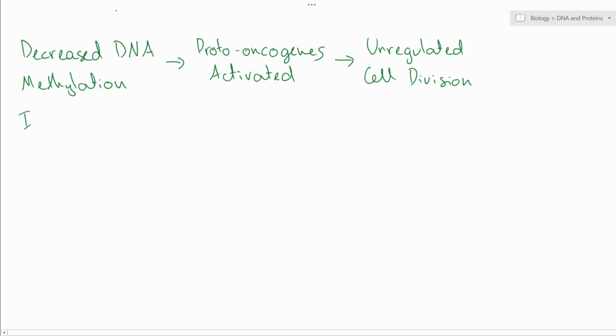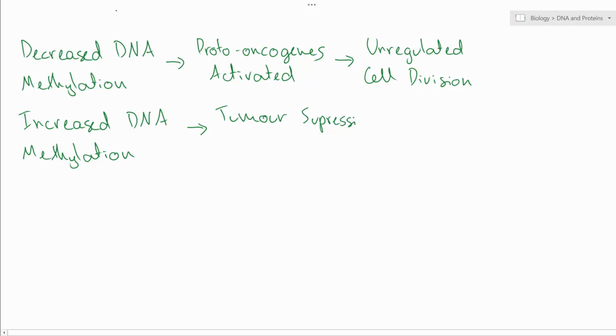If we see increased DNA methylation, so lots of adding methyl groups to cytosine molecules in tumor suppressing genes, we will see tumor suppressing genes silenced.